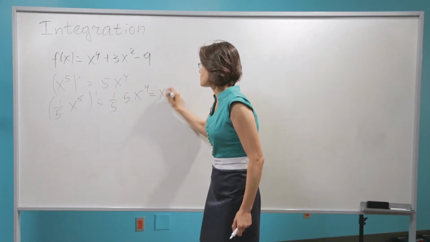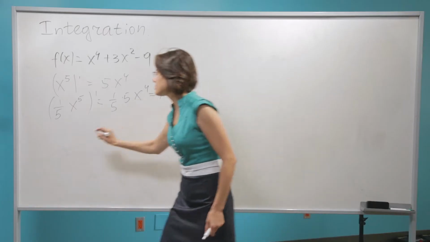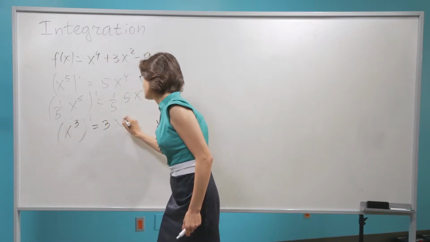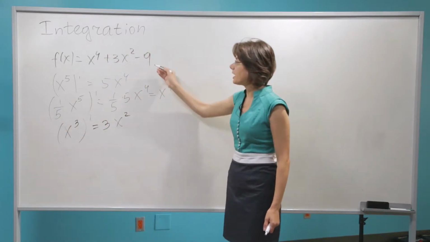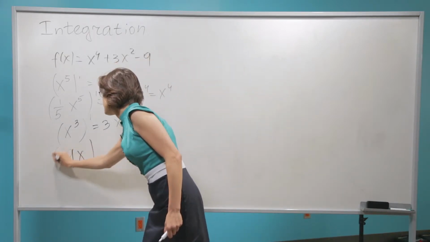And I obtain x to the power of 4. To get 3x squared, I just have to differentiate the function x cubed. And to obtain minus 9, I would differentiate just negative 9 times x.